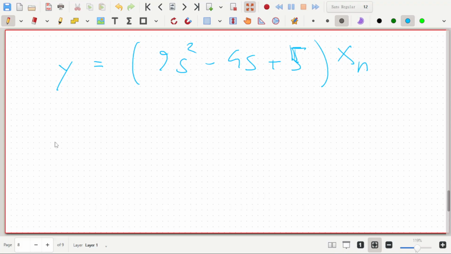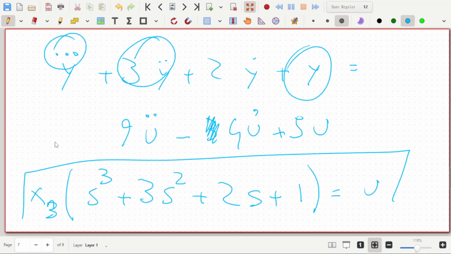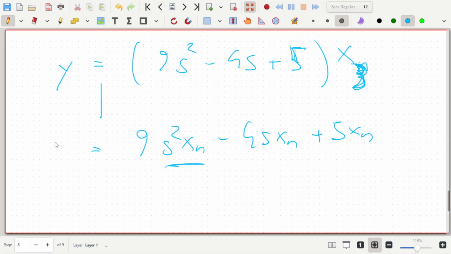If I have xn here, and I write it in this way, this is going to be 9s squared xn minus 4s xn plus 5xn. Sorry, this one was x3 because we've got 3 states, so this one is x3. We have 3 states, so it's x3, the last state. True? This is x3, this is x3, this is x3.